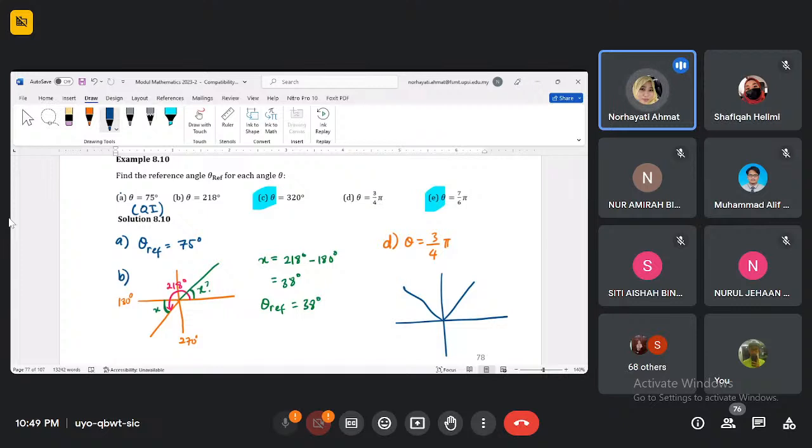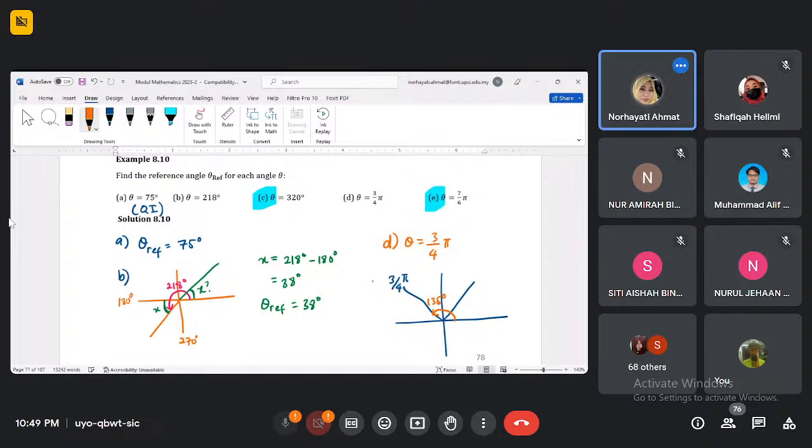Okay. So 3/4 is here. Okay. 3/4 pi. Okay. So berapa dia punya angle dalam degree? Sini. Berapa angle dia? 135. 135. Good. Okay, bagus. Okay, so from x-axis to this is 135.